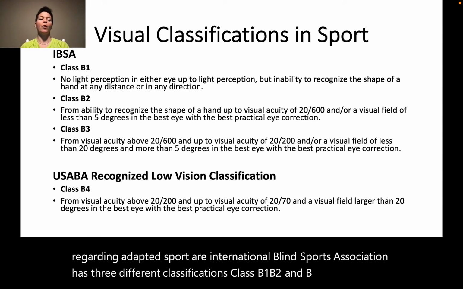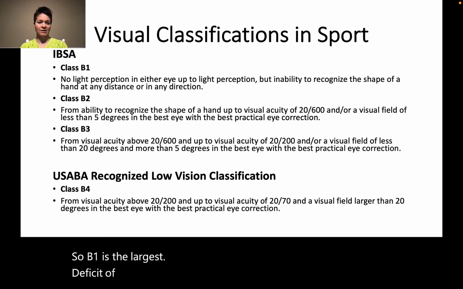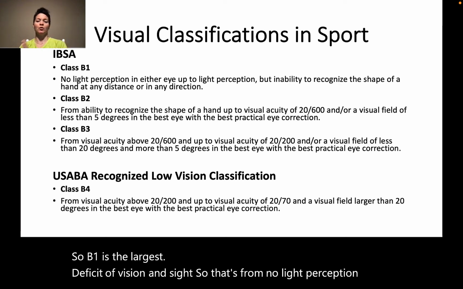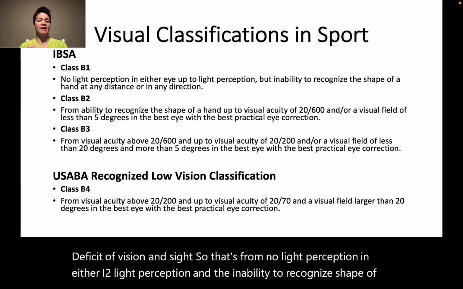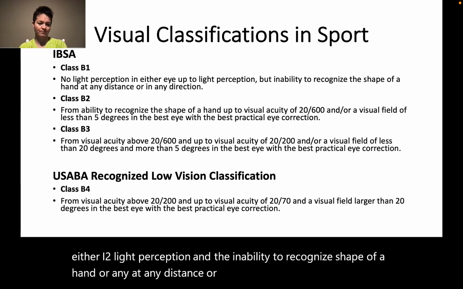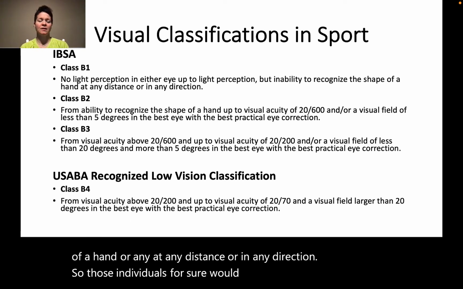So B1 is the largest deficit of vision and sight. So that's from no light perception in either eye to light perception and the inability to recognize shape of a hand or at any distance or in any direction. So those individuals for sure would be identified as blind.